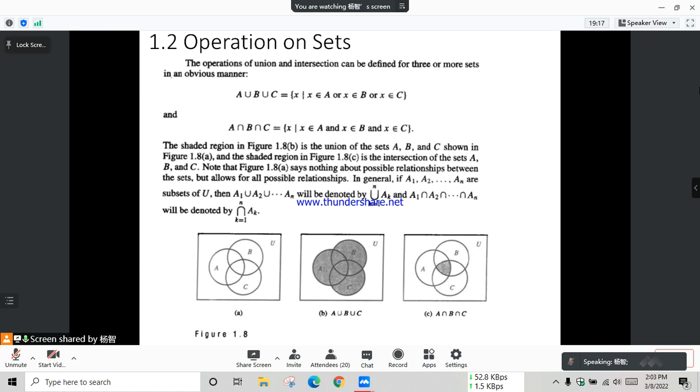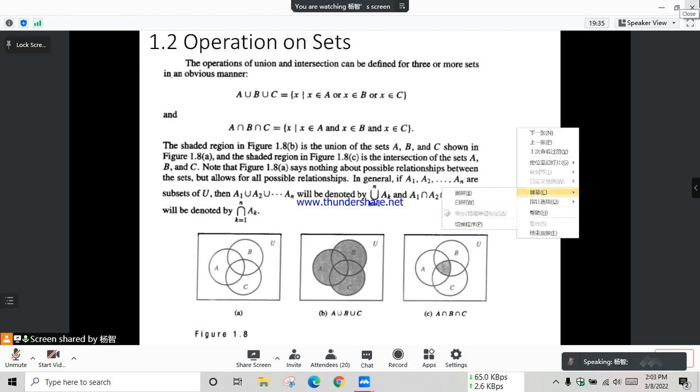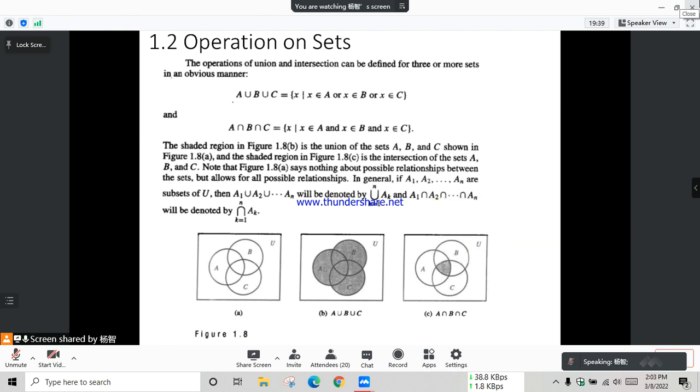The operations of union and intersection can be defined for three or more sets in obvious manners. If there is a union of more than two sets, or an intersection of more than two sets, we can write like this.